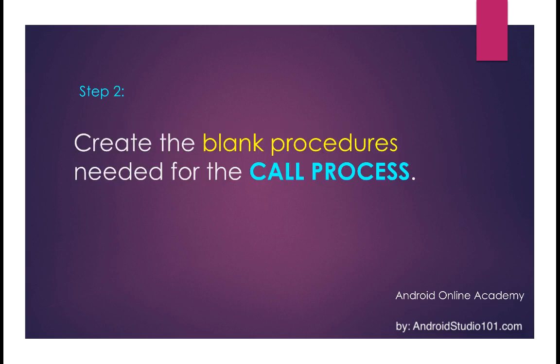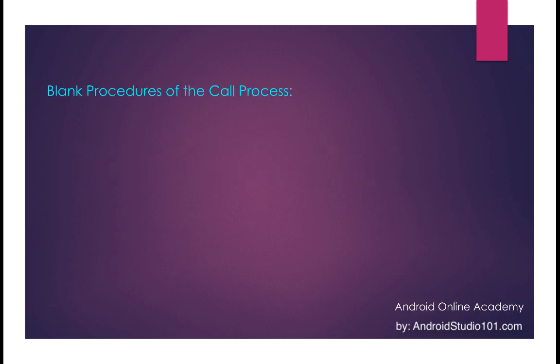Step 2 is to create the blank procedures needed for the call process. Make sure that you have all your procedures for the call process. You can set them as blank first so that you remember that you need to provide these procedures.